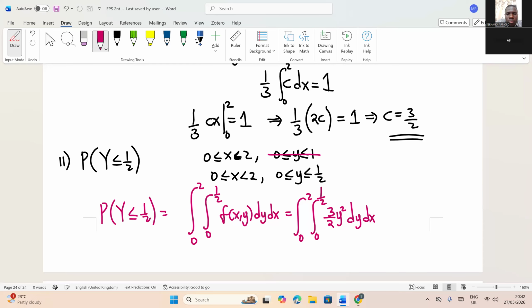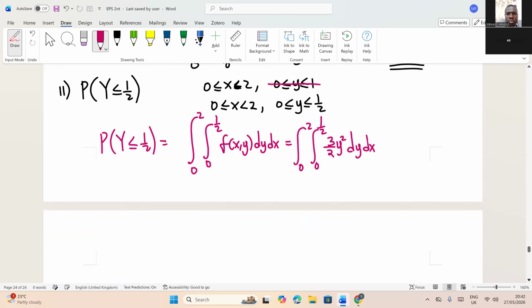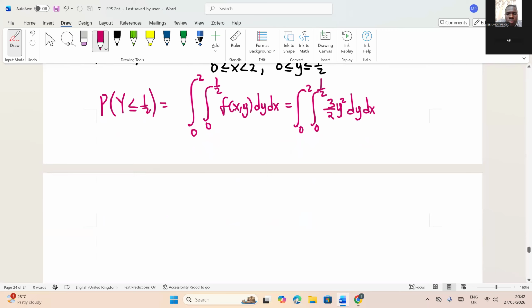So I manipulate this and get the value of the probability. From 0 up to 2, we integrate and shall have 3/2 times y power 3 over 3, with limits of y from 0 up to a half. The x is still there. So I substitute those limits.